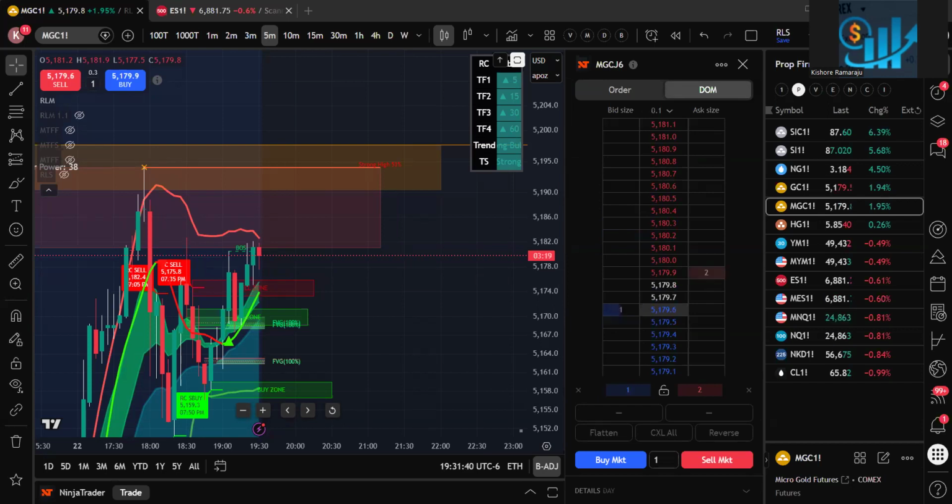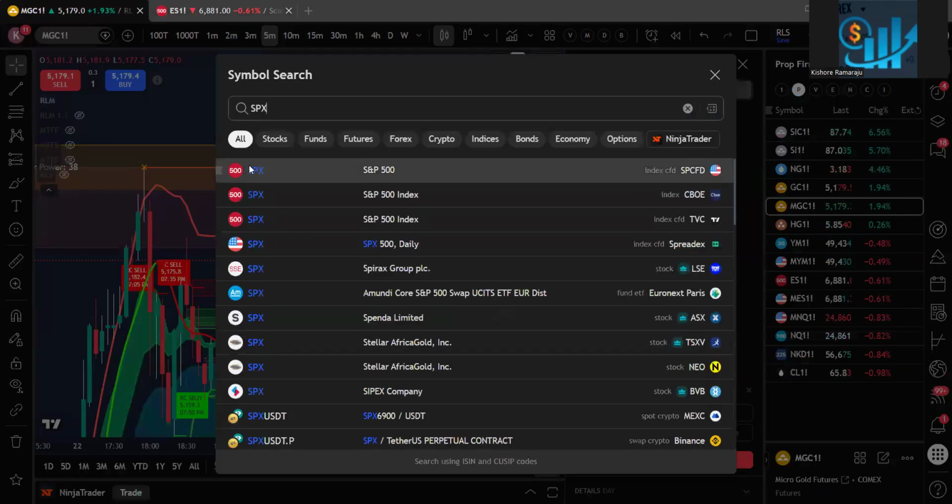So again, as I mentioned, FLM is mainly for scalping. If you want to take multiple opportunities, then FLM is a good one. FLM 1.1 is more for day trading, where you take a trade and you want to hold it. I'll show you that example from Friday SPX.